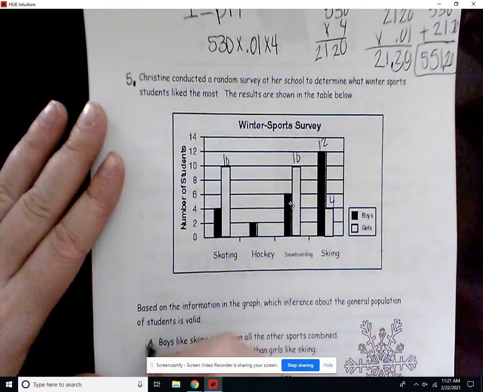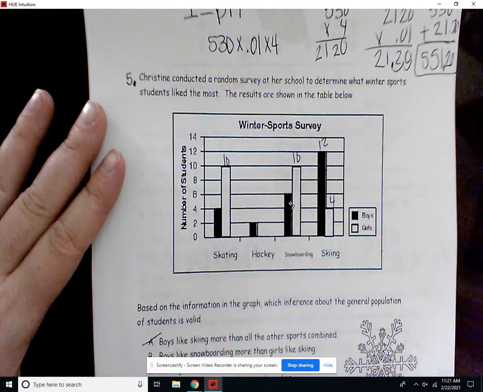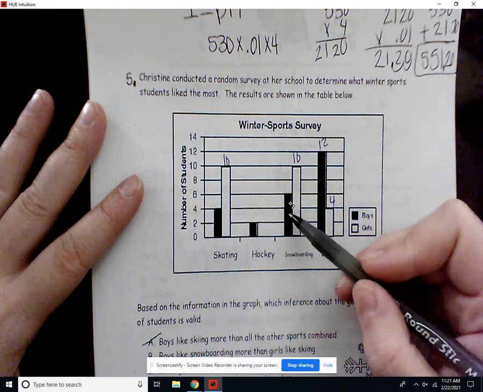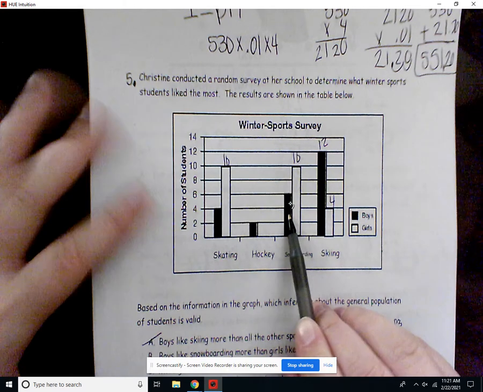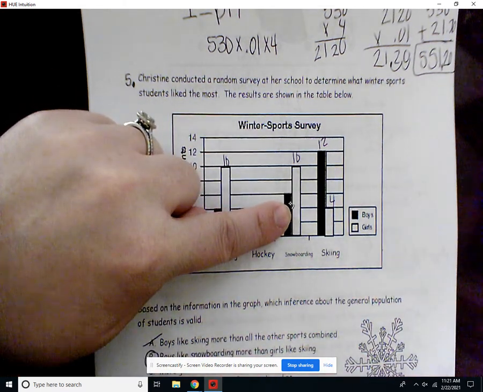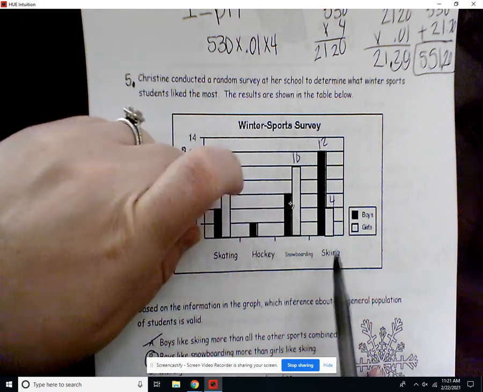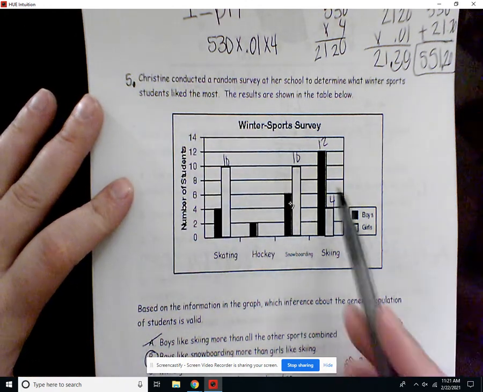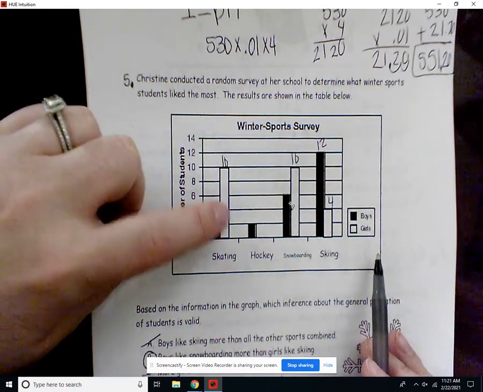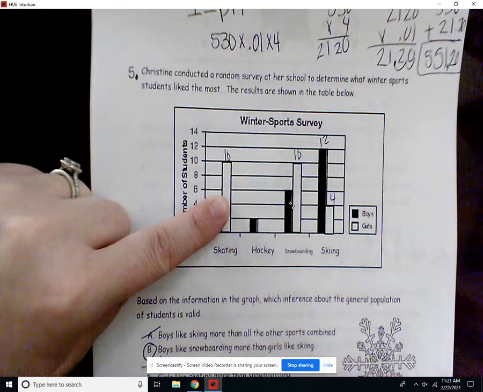Boys like snowboarding more than girls like skiing. That is true. More girls than boys like skiing, that's false. Boys like skiing more than girls. And D, girls like skating more than snowboarding, that's false because they're both the same. So the answer is B.